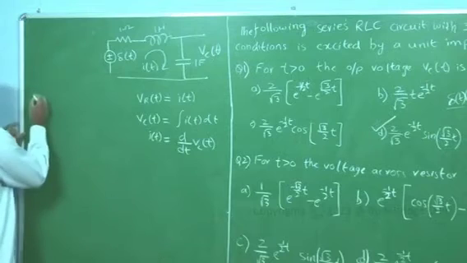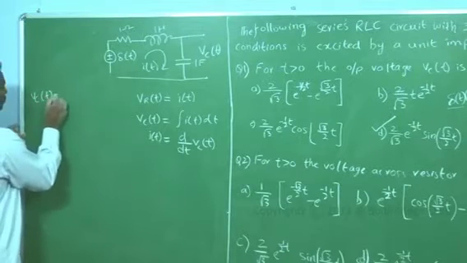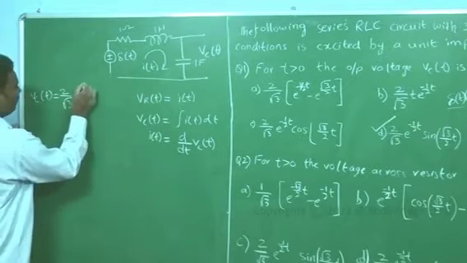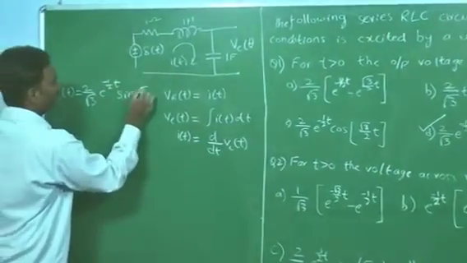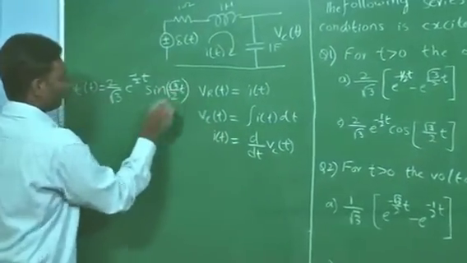Let us take Vc(t) equal to 2/√3 e^(-t/2) sin(√3/2 t).